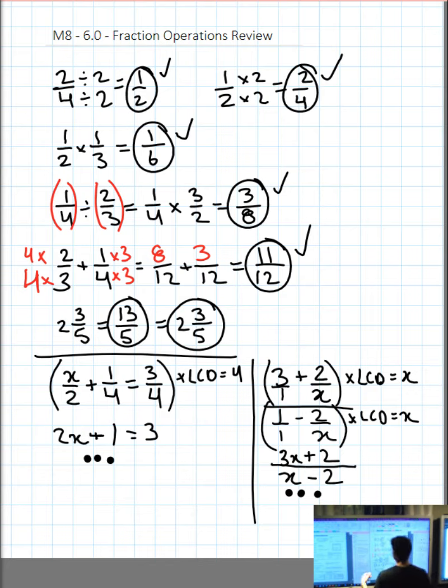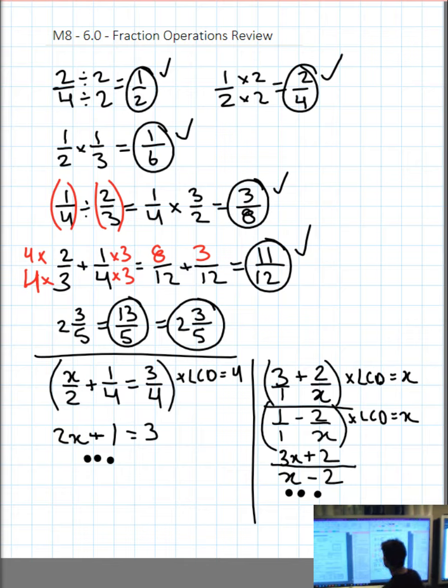So again, a review: simplifying, dividing the top and bottom by the greatest common factor; expanding, multiplying the top and bottom by whatever you want; multiplying the fractions, multiply the tops, multiply the bottoms; dividing fractions, flip the second fraction, change to multiply; adding and subtracting fractions, get a lowest common denominator, expand the fractions, and then add or subtract the tops.